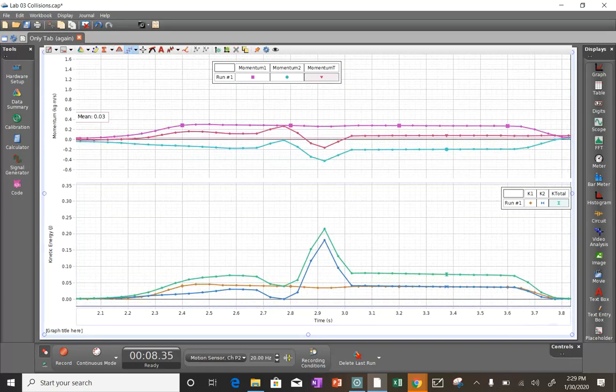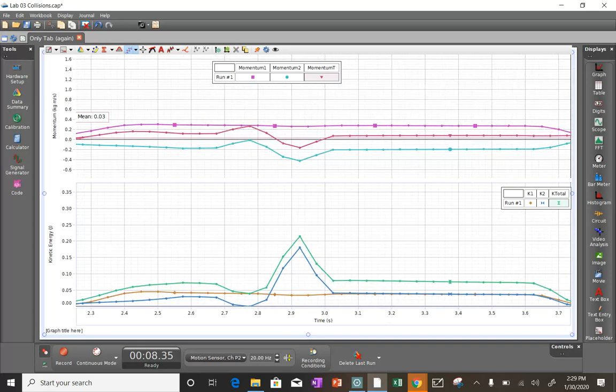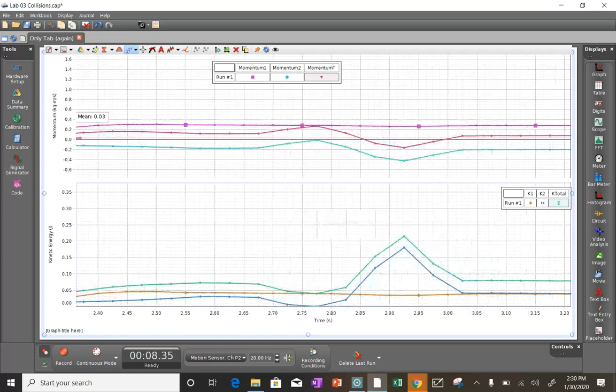Right now I'm zoomed into just when the carts were moving, but that is not when my collision occurred. I need to zoom in on when the collision occurred. So when do you think the collision itself occurred? Okay, about 2.9. So I'm going to zoom in further to about 2.9.